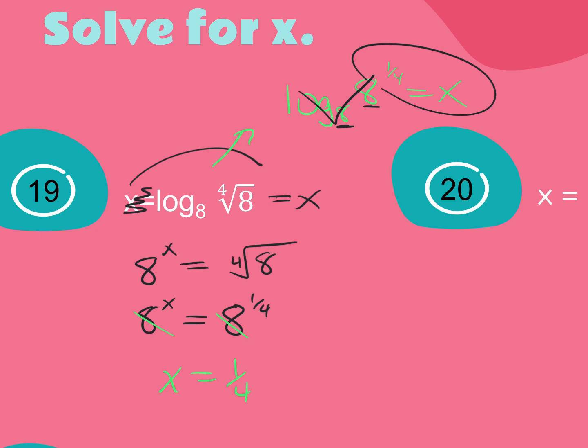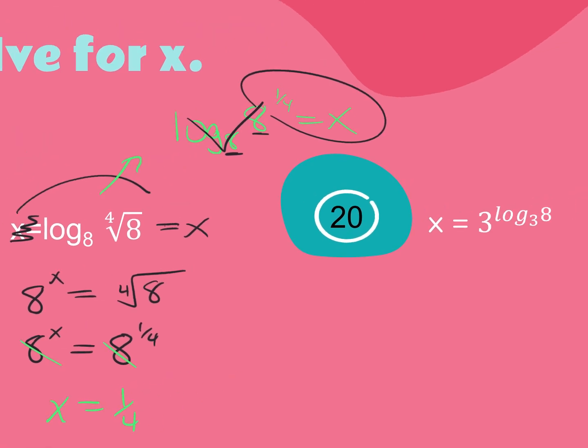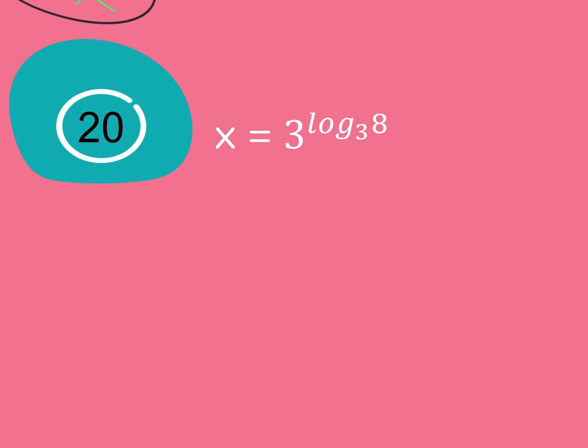All right, so then number 20. This is actually an exponential form. So again, if we want to put the x at the back, this is the base, this is the exponent, this is the answer. So in this form, in exponential form, we don't know how to do this.